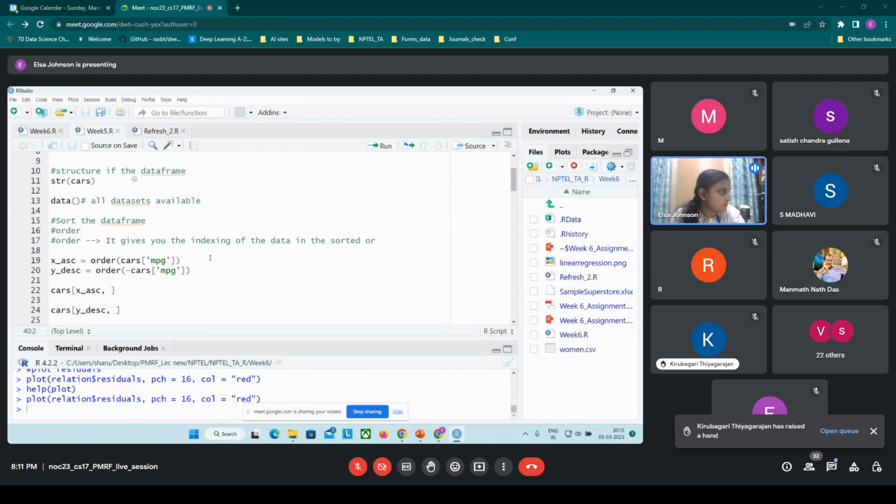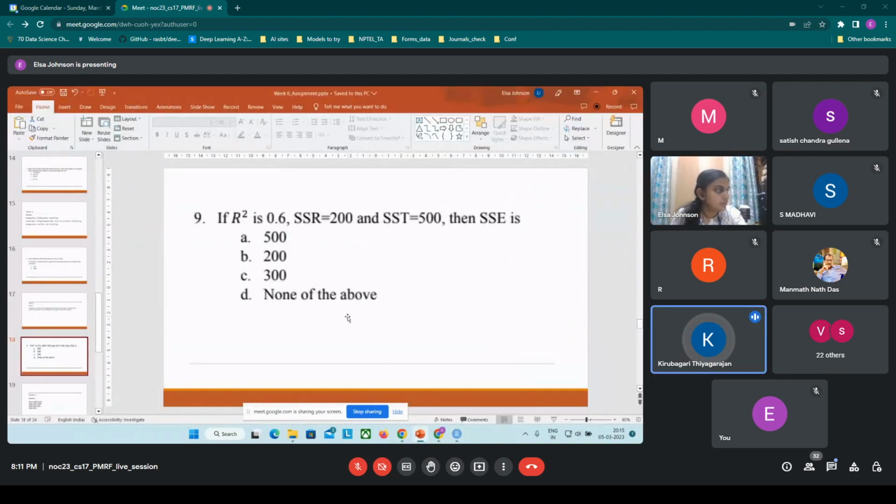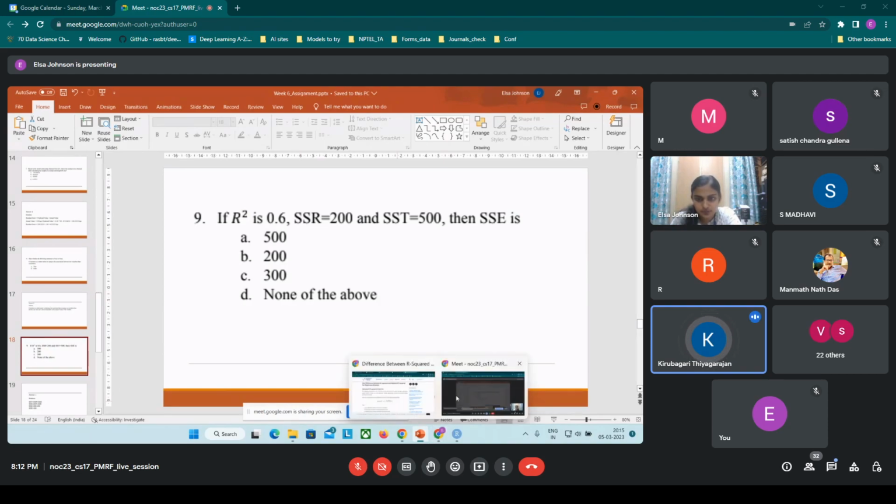Okay, Tyagarajan, why have you raised a hand? Ma'am, I have tried to access the previous year's assignments. I got only the previous year. I tried to collect the 2019 or 2020 assignments. I couldn't get them. You told us it's available in the Google Drive. Will the link be given in this session, or will it be available in the forum?